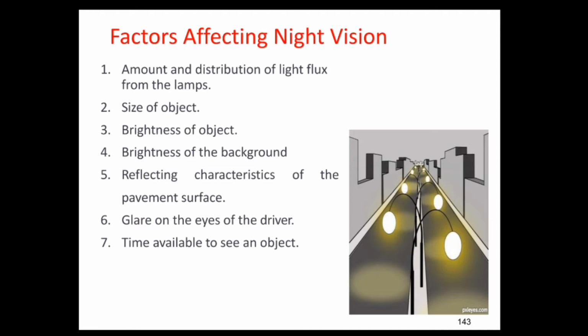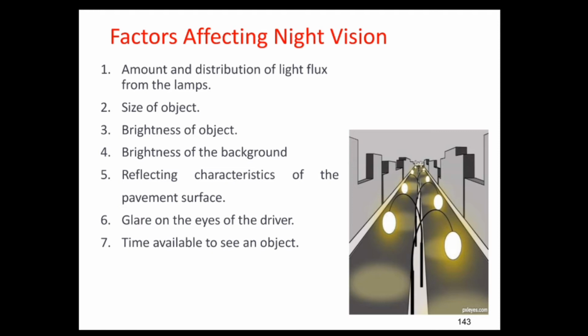Second is the size of the object, which determines how clearly it is visible to the driver or the user of the road at night. The size directly affects the view of the user of the road, who might be a driver, a pedestrian, etc.